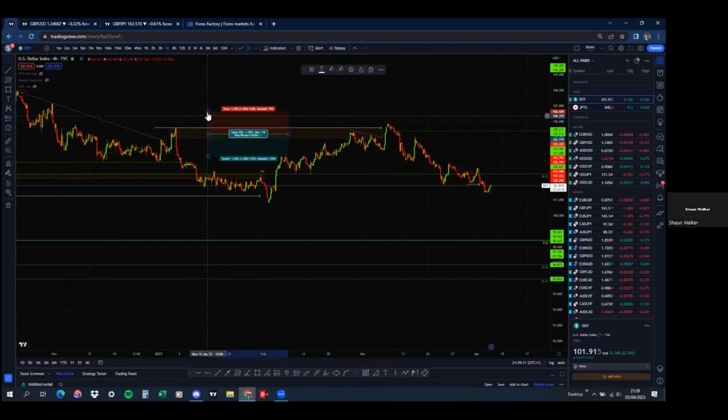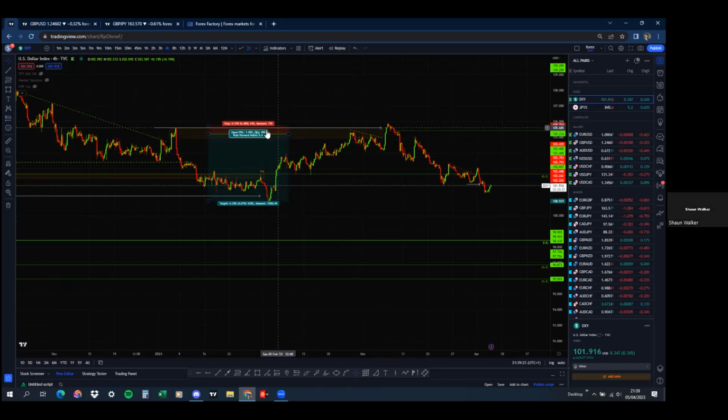So they know people are going to be selling out of this area here, and they've even induced a load of orders. There are people actually selling here, and you would see people looking at this price action on a lower time frame and entering off this candle here, and then it's just taken out everybody's orders.